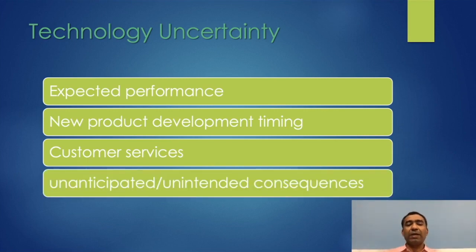Okay, now unanticipated or unintended consequences. As I mentioned, COVID is in front of us. This is an example of this. In technology, many uncertainties can come in, for example something which we have not planned for, a particular problem or situation or issue.